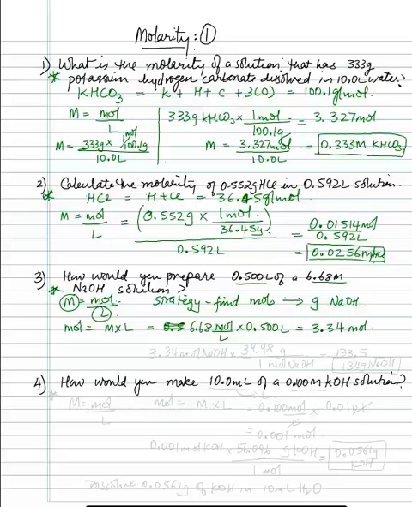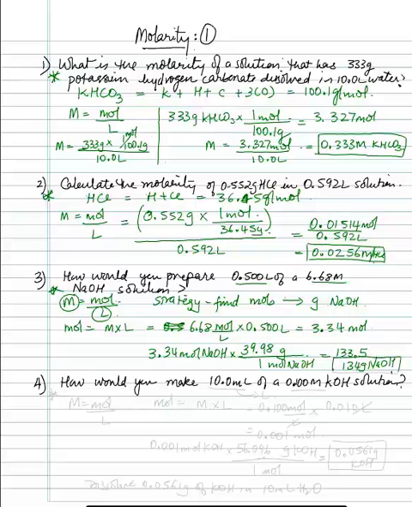So 3.34 moles of sodium hydroxide divided by 1 mole sodium hydroxide, and the grams of sodium hydroxide, Na plus 1 oxygen plus 1 hydrogen, is 39.98 grams per mole. That's equal to 133.5, or if you want to round it off, 134 grams of sodium hydroxide.